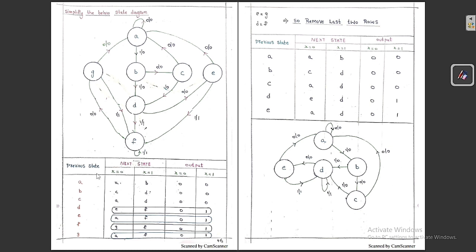See, suppose this is the previous state and this is the next state, and you can see the output. So this is called the previous state, this is called the next state, and this is the output. Suppose the state is A, and we give input x equal to 0, we stay in the same state A with an output of 0.